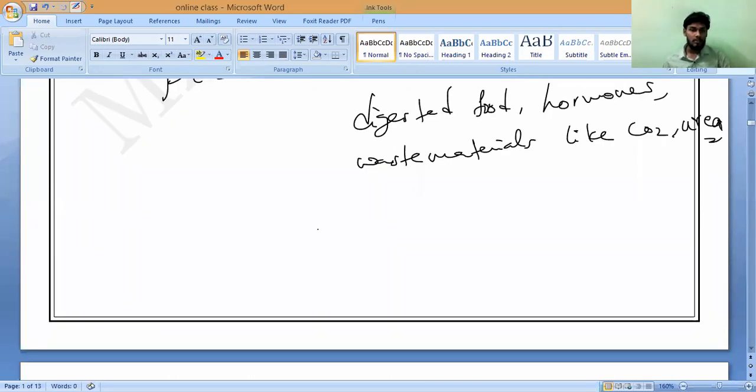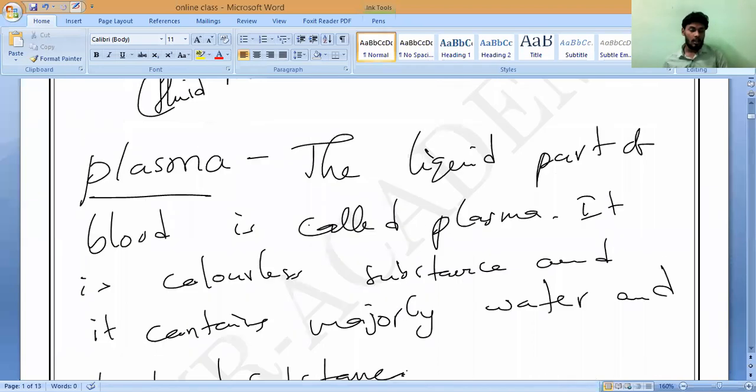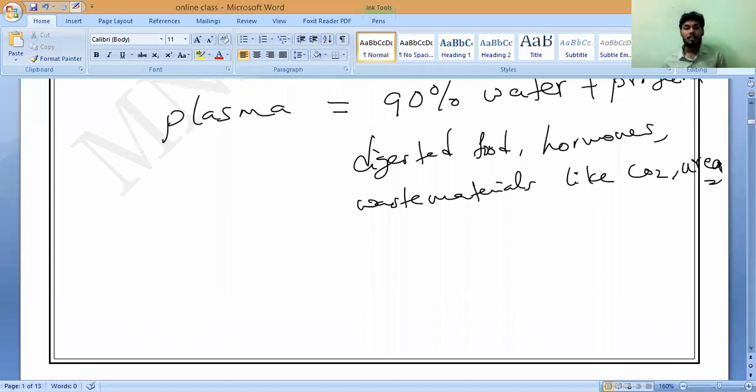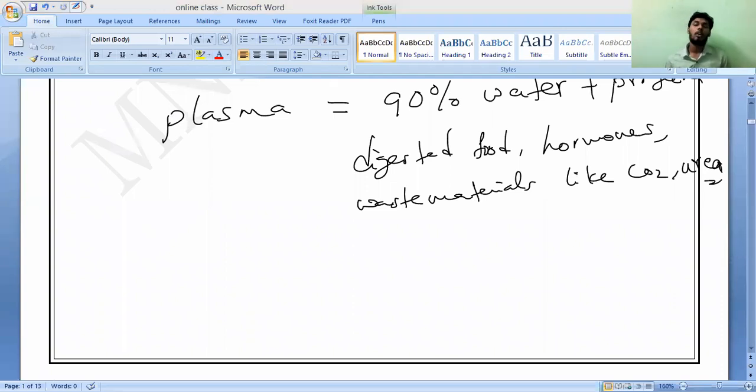So you have to remember, plasma is the liquid part of the blood. It is a colorless substance and it contains mainly water and dissolved substances also. What is the water percentage? It contains 90% water, along with proteins, digested food, common salts, waste products like carbon dioxide, and hormones.